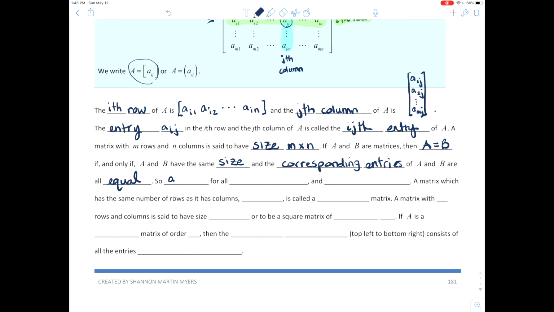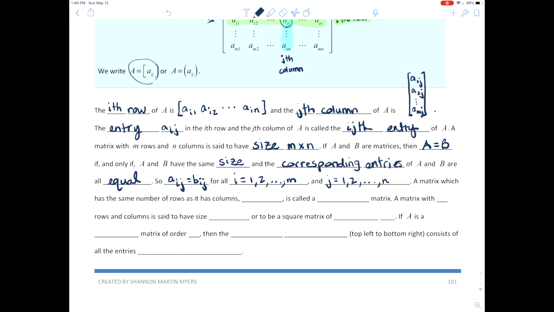So that would mean, in general, a_ij would equal b_ij for all i equal to 1, 2, all the way down to M, and j equal to 1, 2, all the way down to N.